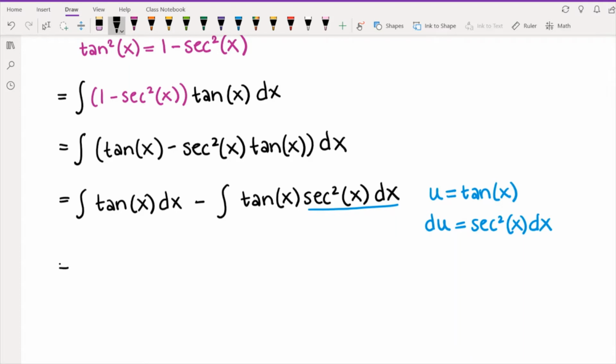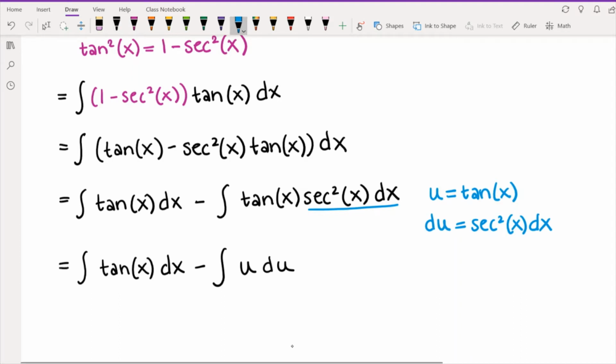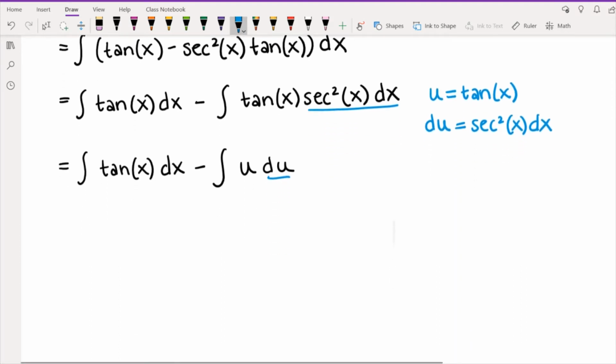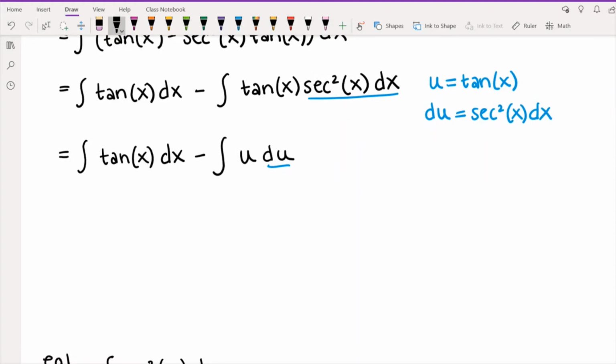Okay, so we now have the integral of tangent of x dx, minus, so we can replace the tangent of x with u, and then we can replace secant squared of x dx with du. And so the antiderivative of tangent of x was, we saw, ln of absolute value of secant of x.